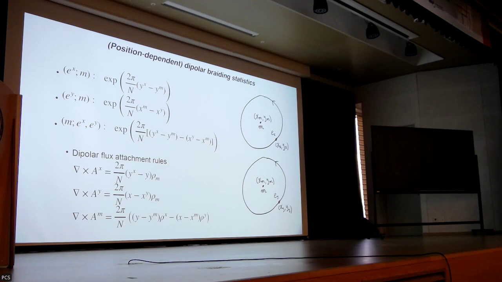The x and y that appear in the upper index refer to the species of anyons. Yeah, so y^x would be the y coordinate of my EX anyon, and so on. And then in the lower half, you write down the dipolar flux attachment rule, which here you assume that there is just one dipolar anyon. If you have multiple, then it's just a sum. Okay, thank you.